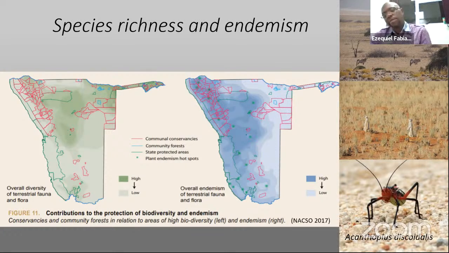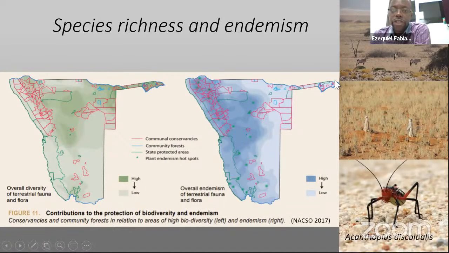So you have this distribution of biological diversity across the country. The polygons there show the different forms of conservation, ranging from communal conservancies to community forests and state protected areas. We will dwell a little bit more on this in the next couple of slides.